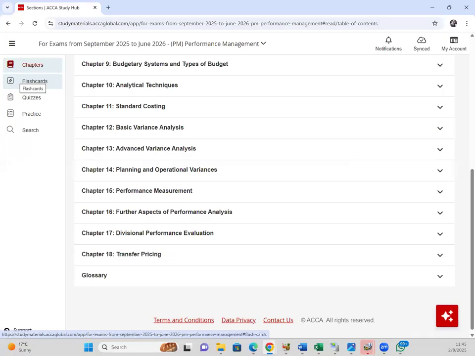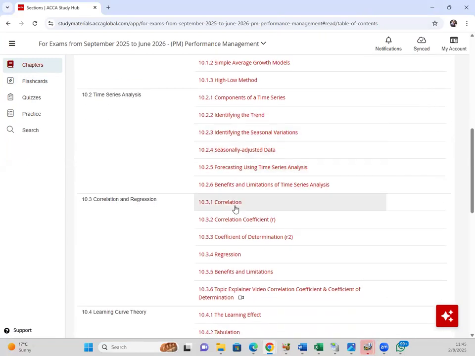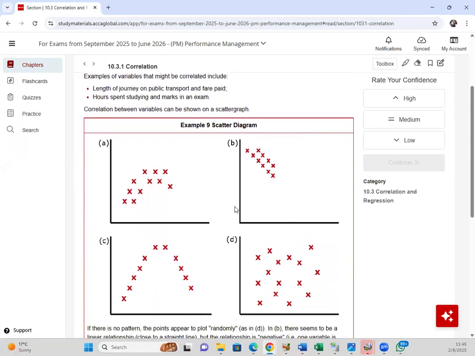Okay, so this is your study hub. Analytical tools, correlation.